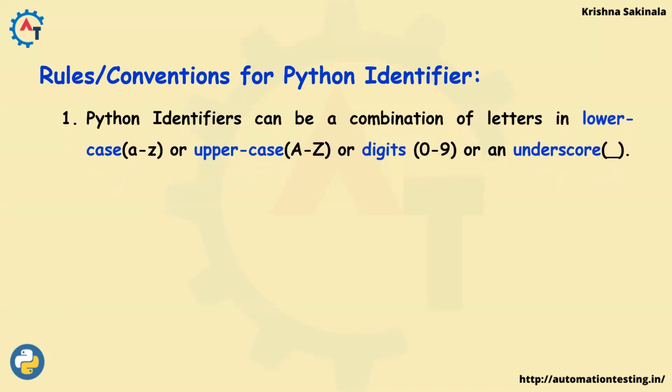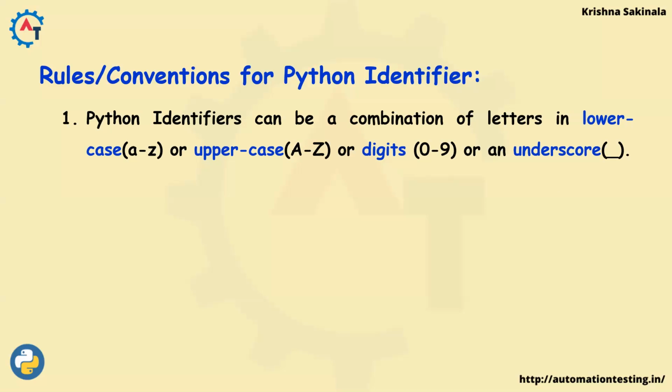Python identifiers can be a combination of letters in lowercase or uppercase, digits, or underscore. Means when you're giving any name to a class or module or function, anything, you can use lowercase, small a to small z, and uppercase, capital A to capital Z. Coming to the digits, you can use 0 to 9.